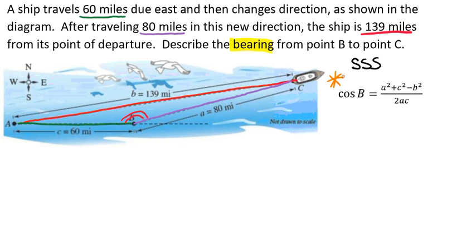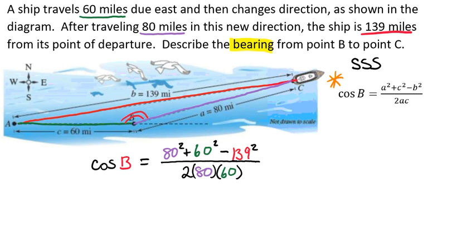So we're going to take all the values we were given, because we have side A, side B, and side C, and we're going to plug that in. So when we plug that in, we have the cosine of B equals 80 squared plus 60 squared minus 139 squared, all divided by 2 times 80 times 60. That is definitely something that we would love to plug into a calculator.